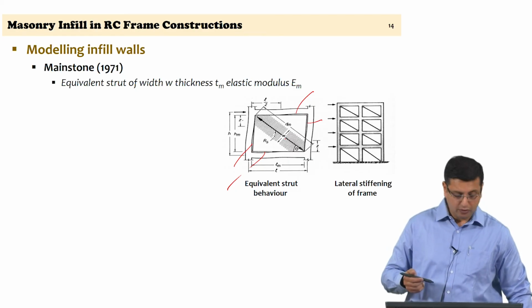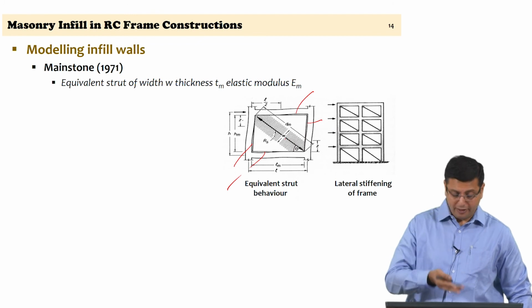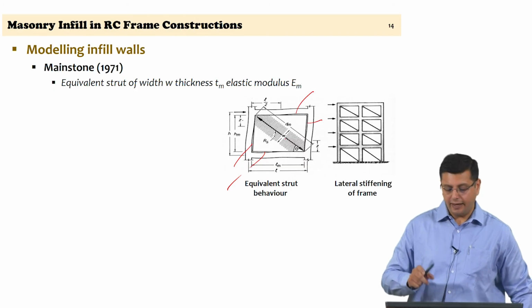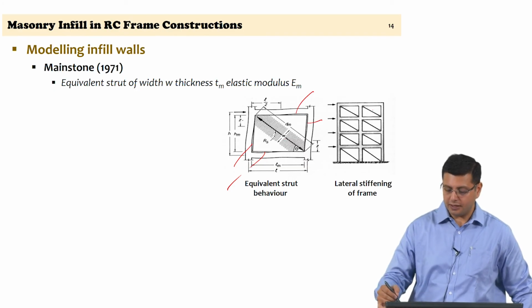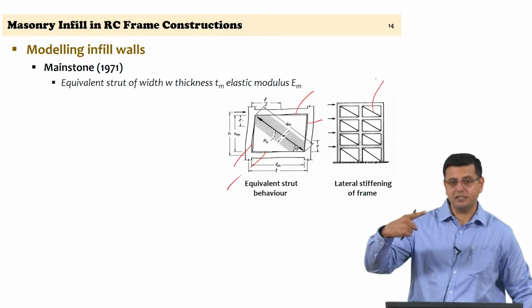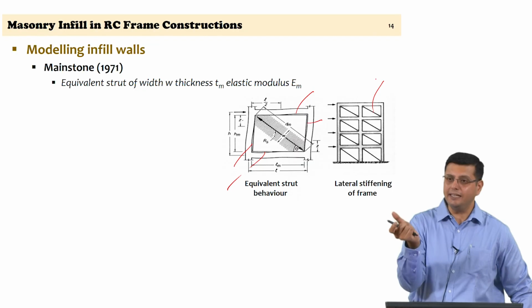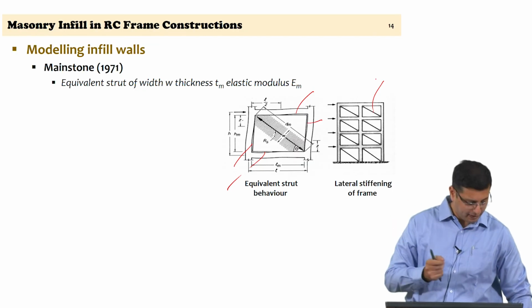So, Mainstone's work again is to be able to arrive at the width of this equivalent strut, and then you can use this width of the equivalent strut to model an additional brace which has a cross sectional dimension W by T, which is the thickness of the masonry panel itself.